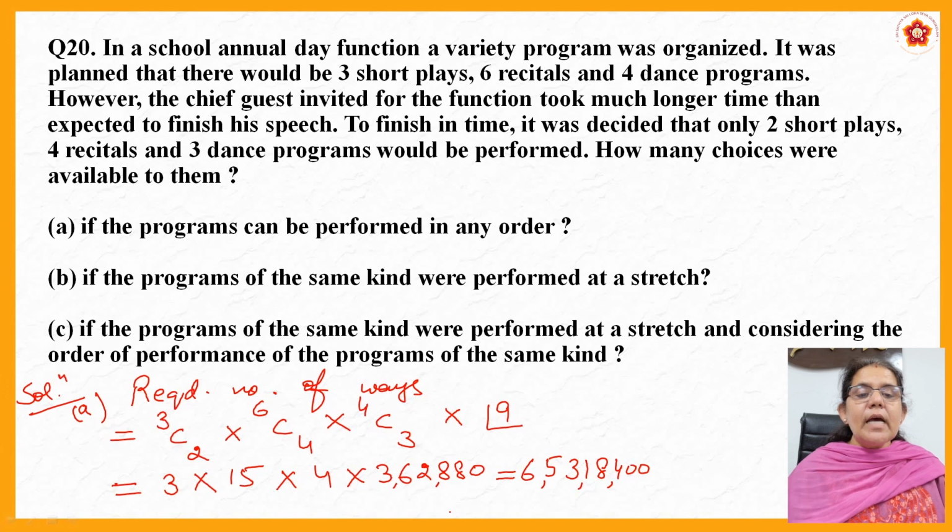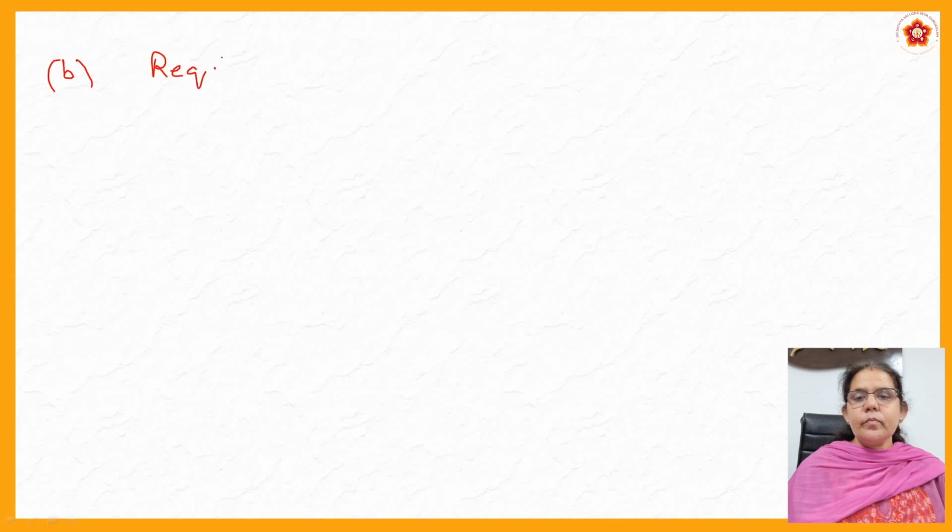And 3 dance programs have to be performed together. Though the sequence of short plays, recital and dance program can change. That means 3 dance programs can be performed first, followed by recitals, followed by short plays. So let's see how do we go ahead in this question.